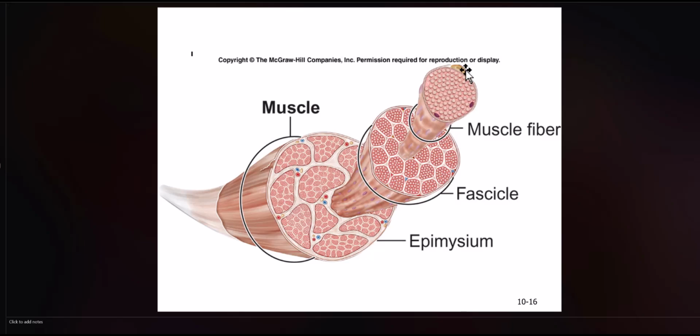Of structures, and that there are lots of blood vessels and nerves that travel down through these connective tissue layers down to the individual muscle cells. And remember that the individual muscle cells are able to contract. What you will learn is that when the muscle cells contract, the entire muscle also contracts and changes shape.